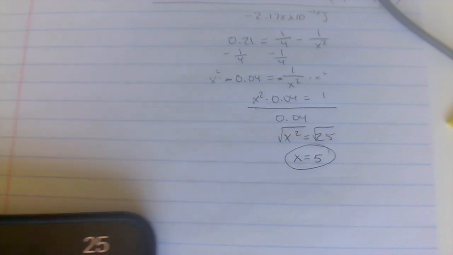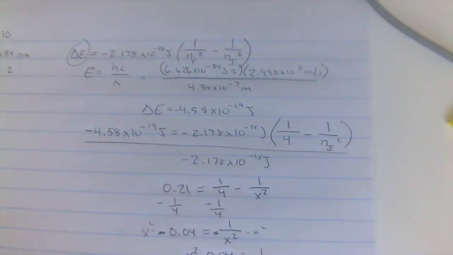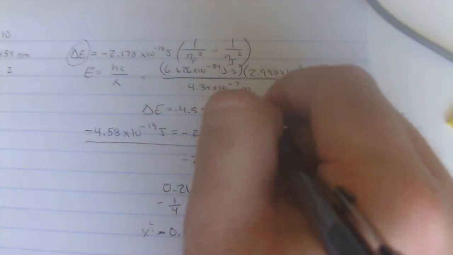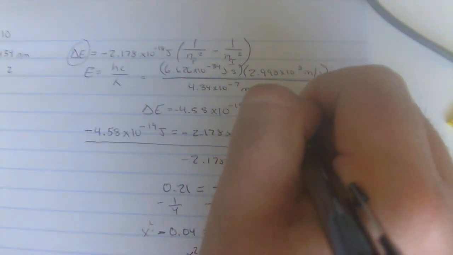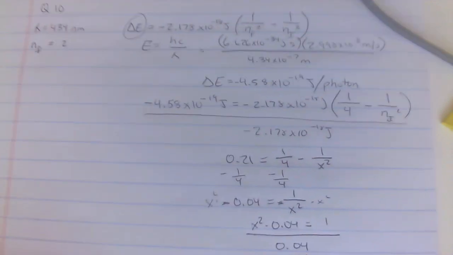Now something I forgot to mention up at the top is that this change in energy is your joules per photon. The second part of this question asks you what is the energy per mole. So we're just going to set it up over here.